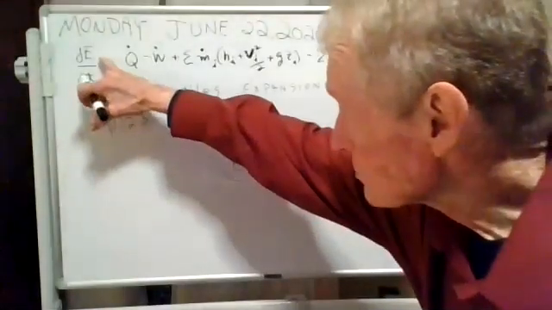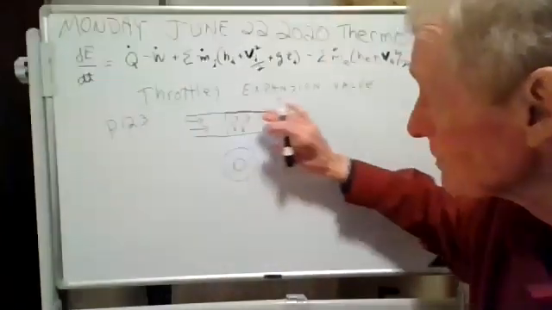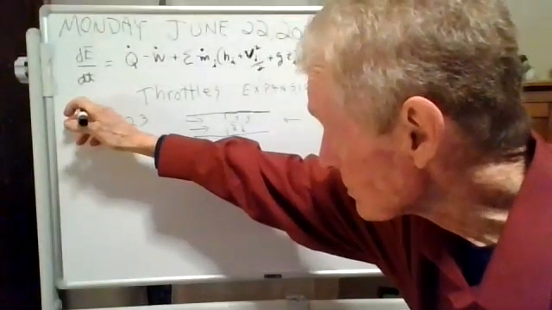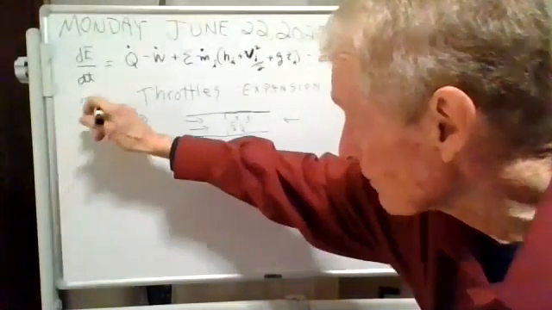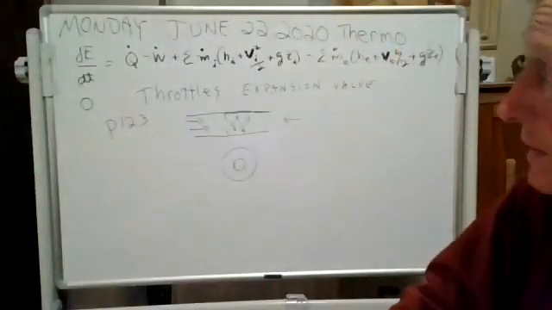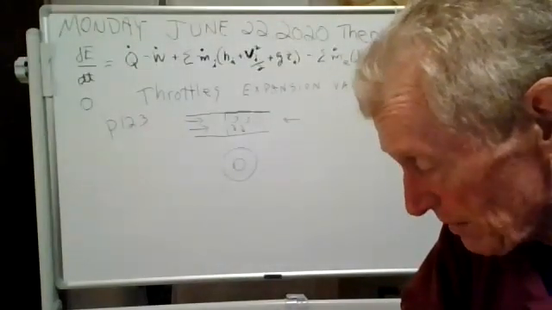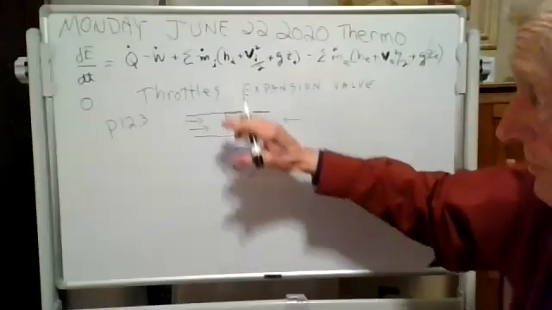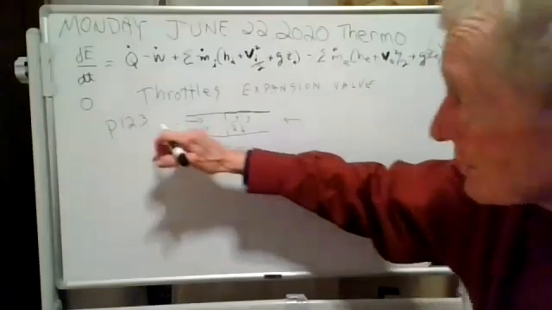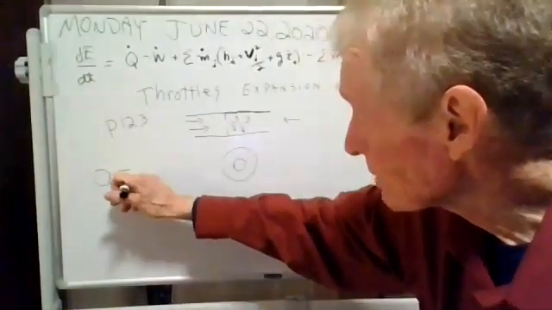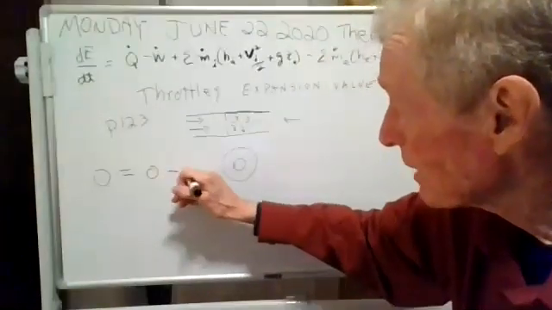But the energy inside your expansion valve there is not changing any, so it's a steady state device, and so that's zero. And throttles are what we call adiabatic. They don't really have a heat transfer with the environment. So this equation becomes 0 equals 0 minus 0.